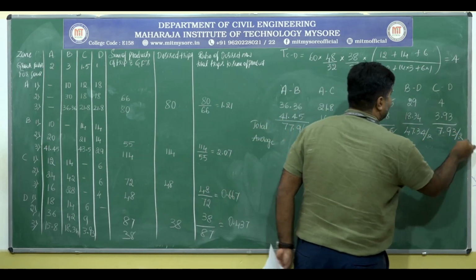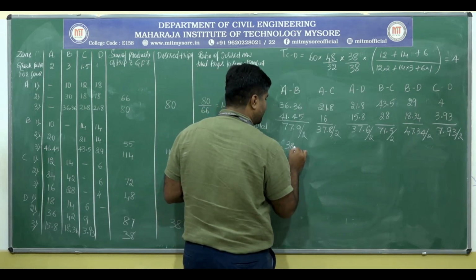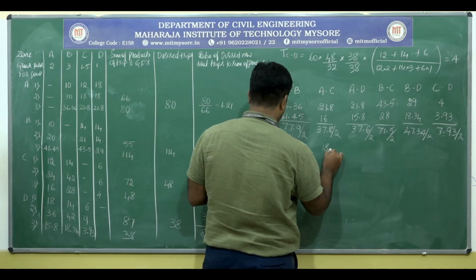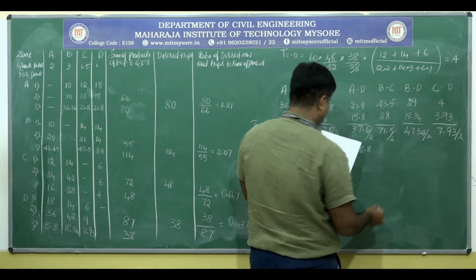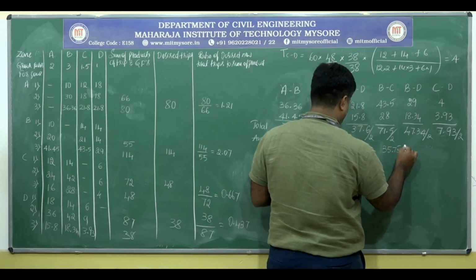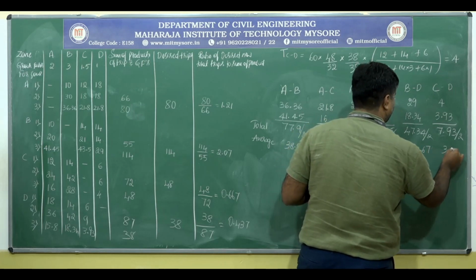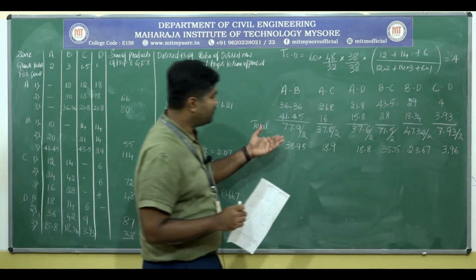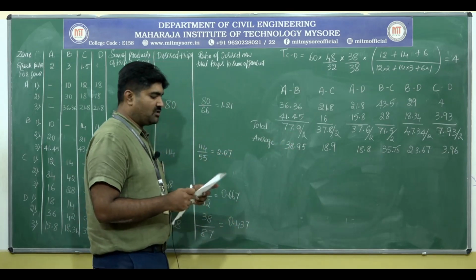You will get 38.95. For this you will get 18.9. This is 18.8, 35.75, 23.67, 3.96. If you divide the total by 2, you will get the average values.